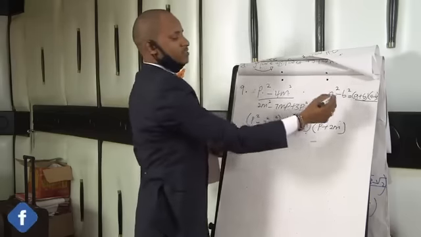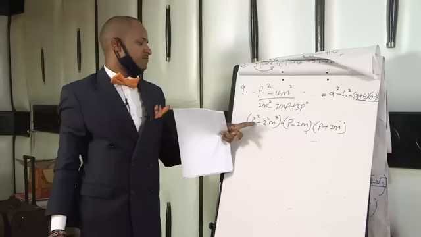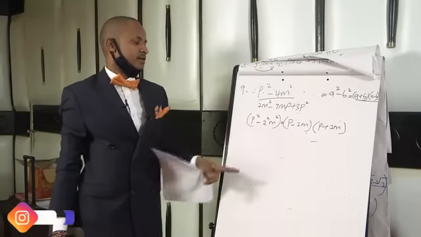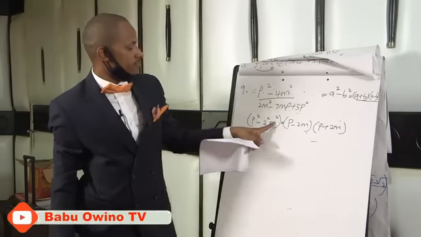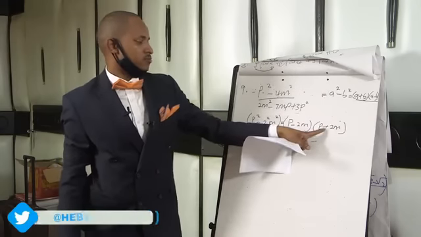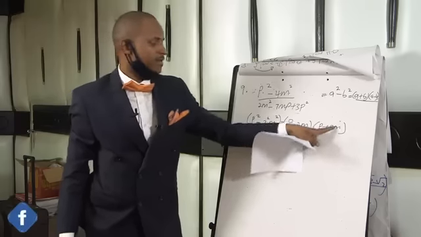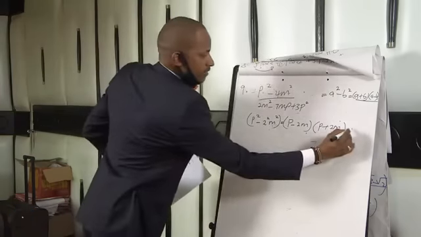A squared minus b squared is equal to a plus b into a minus b. Therefore, p squared minus 2 squared m squared is p minus 2m into p plus 2m, with the sign changed. So this is the numerator.